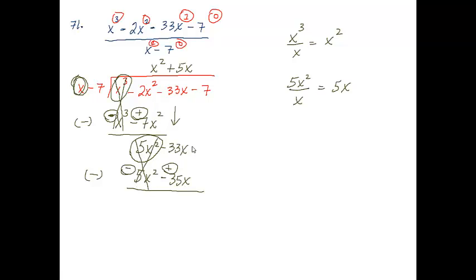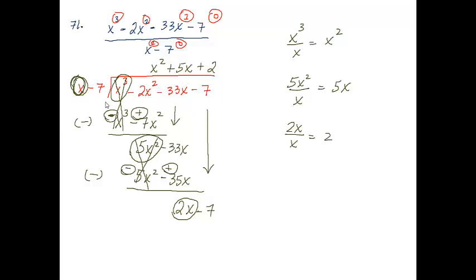Negative 33x plus 35x becomes 2x. Then the negative 7 drops down. And again, we're repeating, right? So the first terms now are 2x divided by x, which is 2. Write it somewhere at the top, maybe after the 5x, so plus 2.